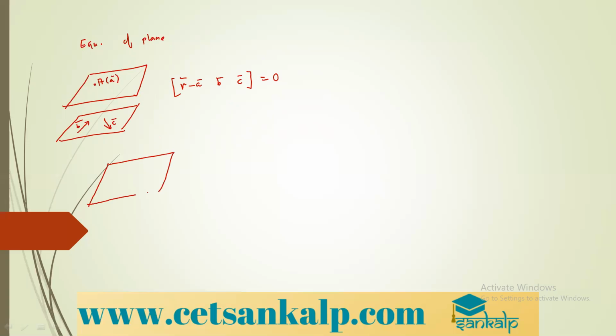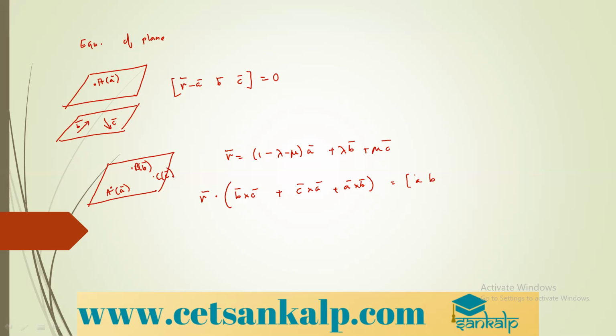Similarly, if there is a plane passing through 3 points whose position vectors are A, B, and C, the equation of such a plane will be R is equal to 1 minus lambda minus mu into A plus lambda into B plus mu into C. Or in short, you can write R dot B cross C plus C cross A plus A cross B equal to box ABC. Either of the ways.